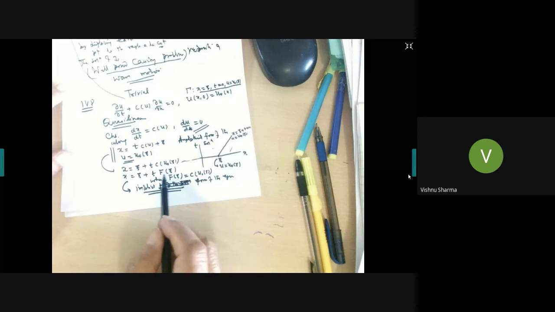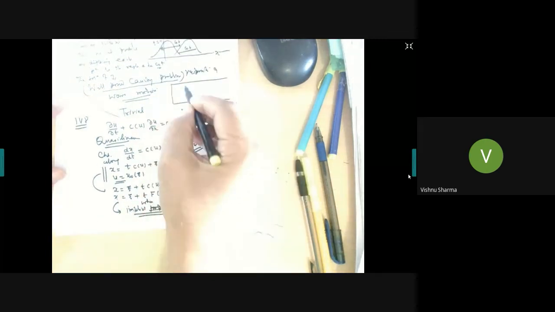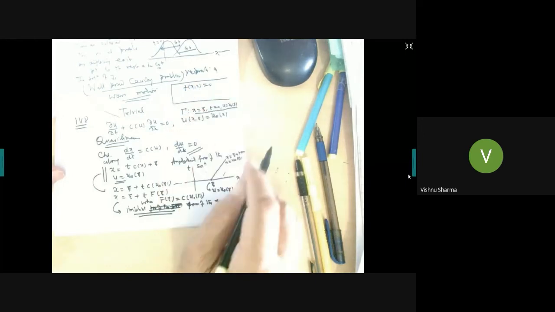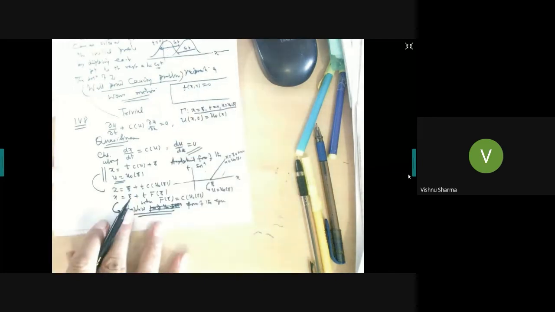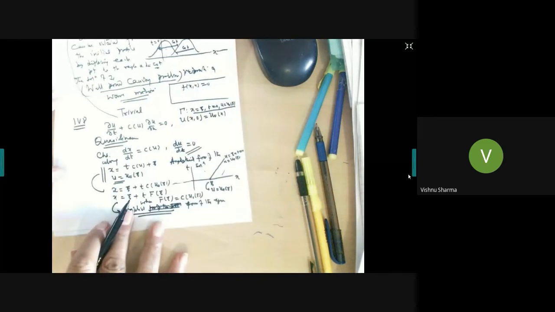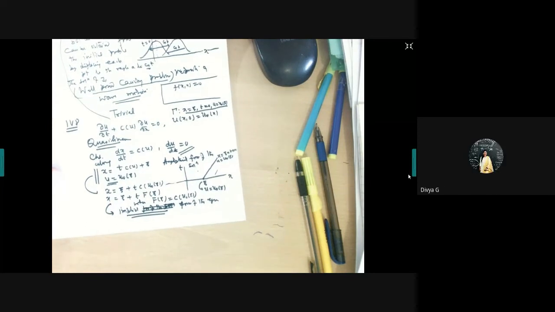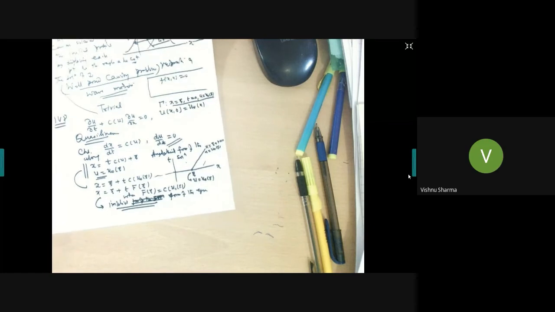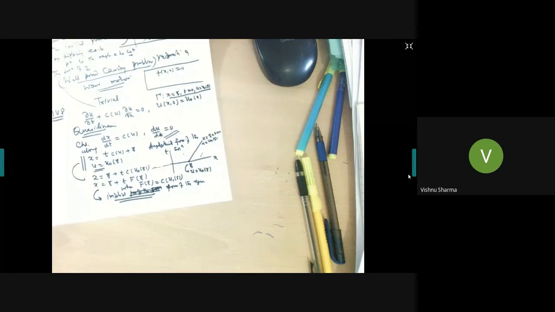Can I express, say for example, if I am given this equation f of x, y is equal to 0, is it always possible to express y as a function of x? Need not be, sir. Need not be always. So how are we sure that y can be expressed as a function of x in some neighborhood?